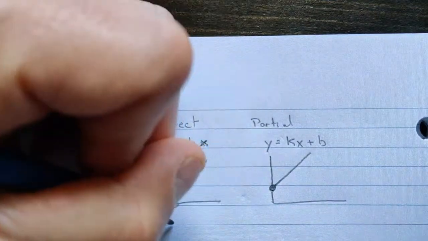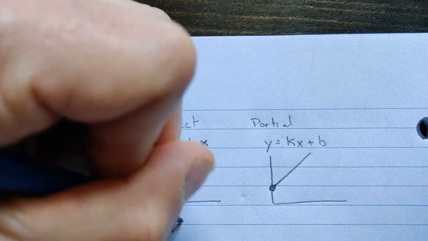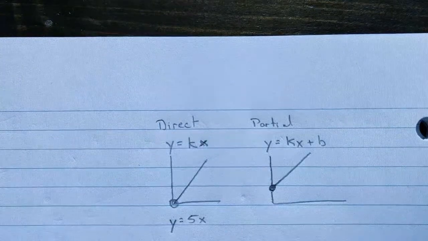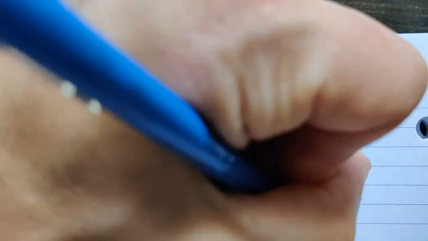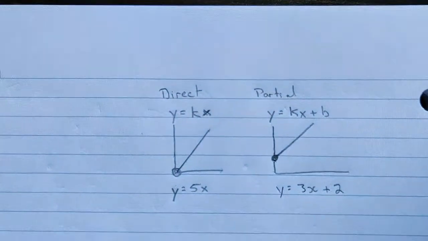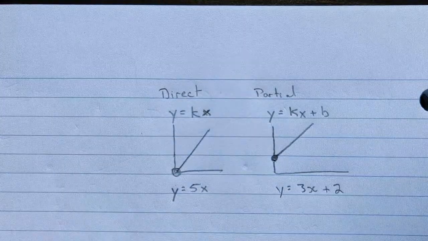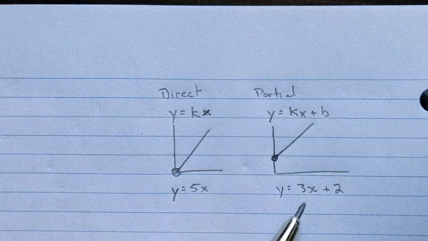So this could be y equals 5x as an equation, and this could be y equals 3x plus 2, something like that. And again, these graphs could go downwards as well if the rate of change was negative.